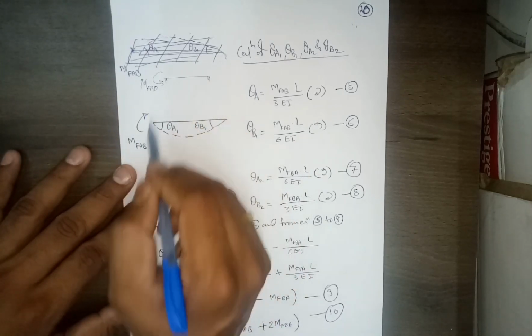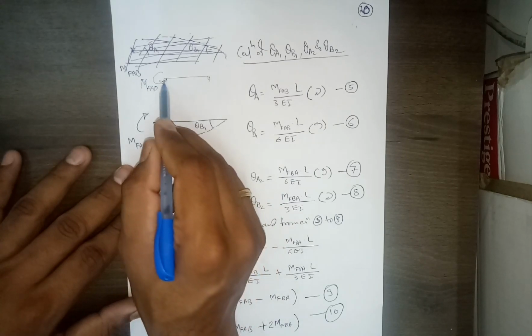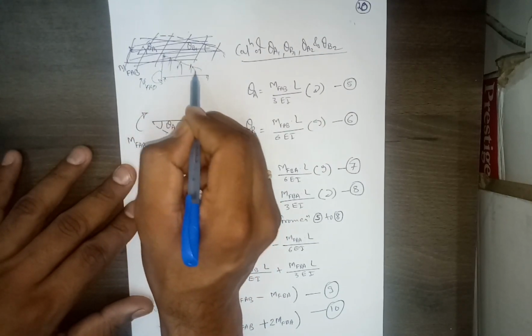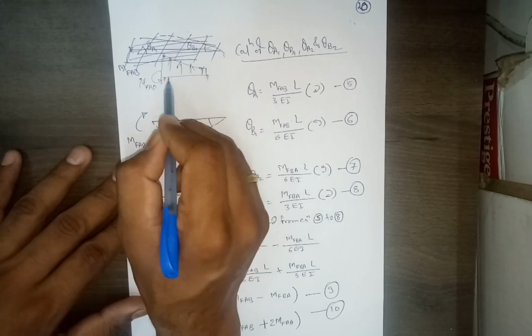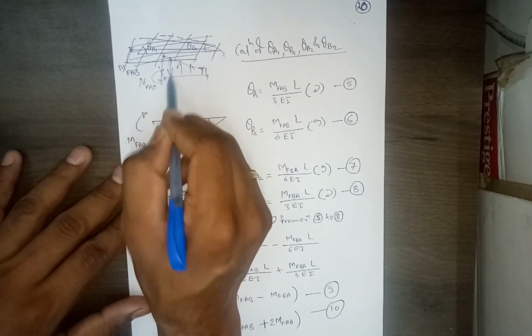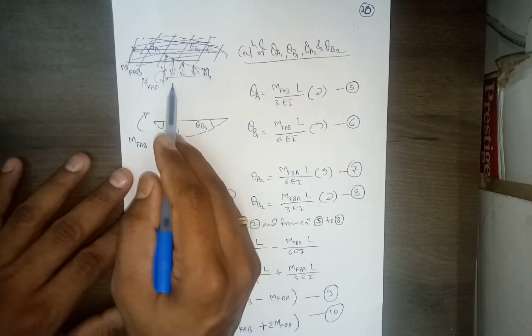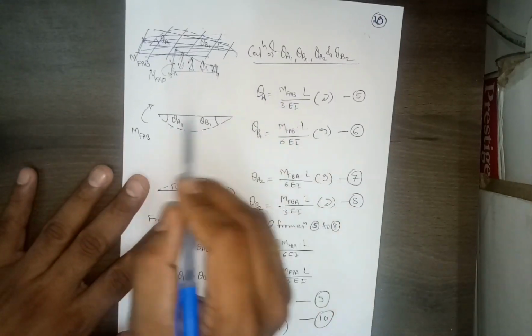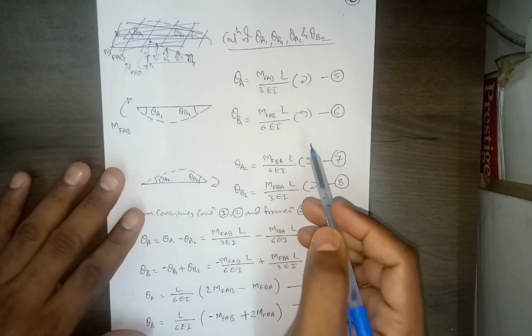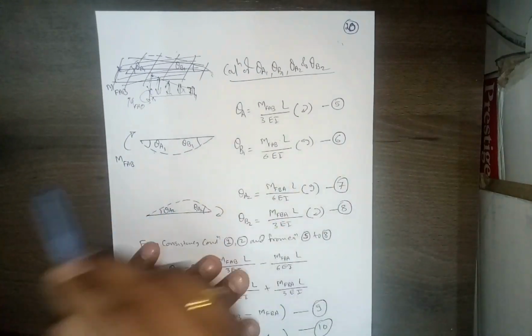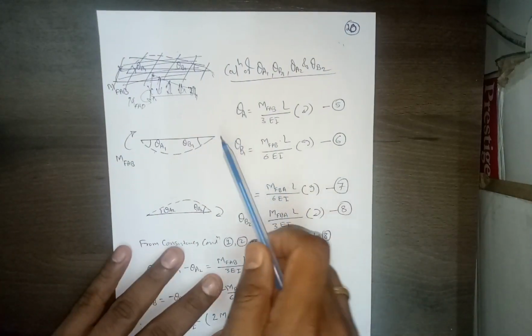Even if you use the conjugate beam method, that time we got this triangle. If you remember, this was an upward force, right? That's how we calculated. But this time it will be a downward force, since this moment is in the opposite direction, right? That much will be the change, but the value will remain the same. So we are not doing all that calculation, since we have already done it. Or if you want, you can refer to the previous two videos.